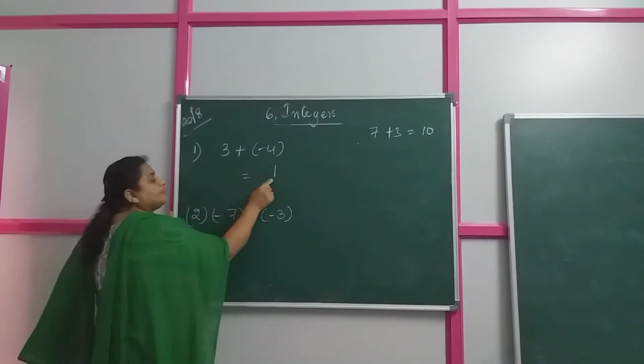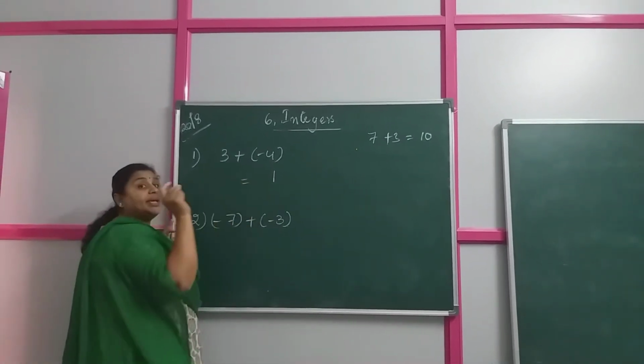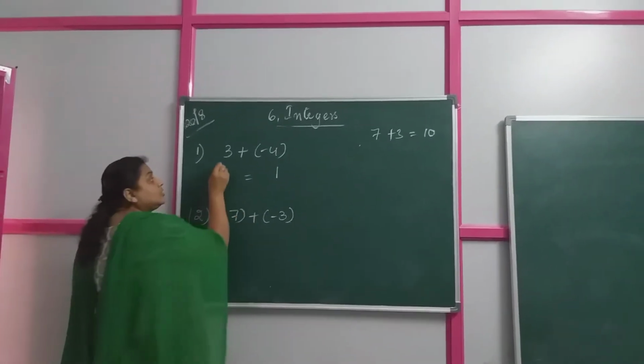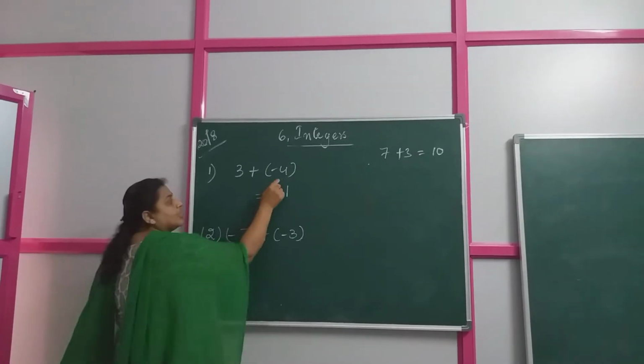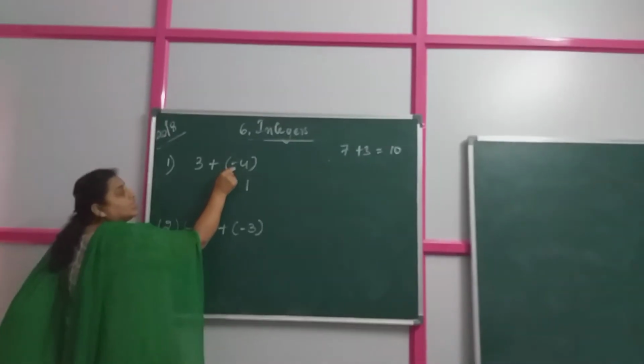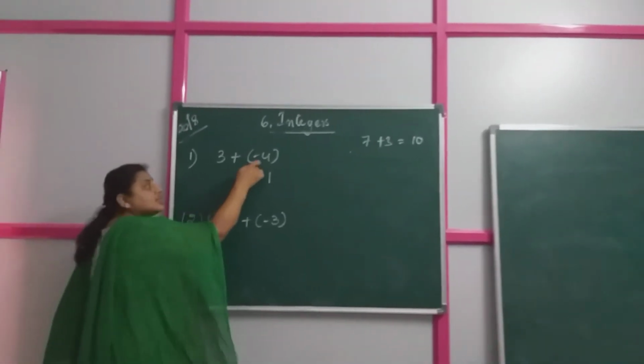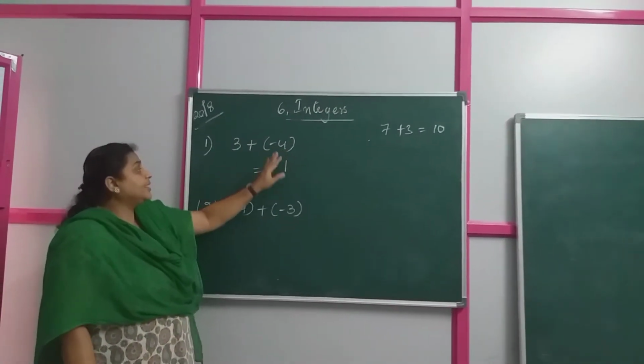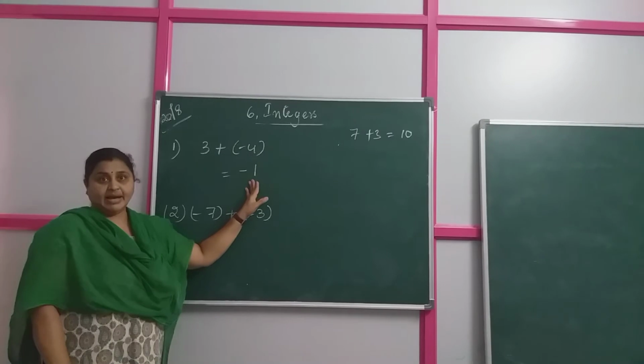And after subtracting, you have to give the bigger number's sign, the greater number's sign. Now 3 and 4, which is greater? 4. Then what is the sign the 4 has? Minus. So 3 plus minus 4 is minus 1.